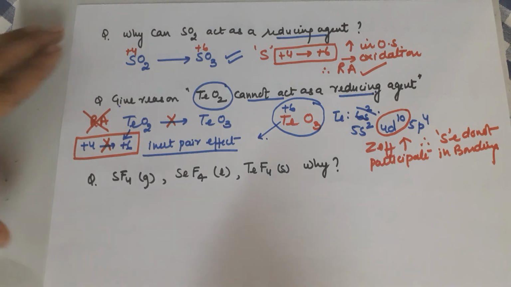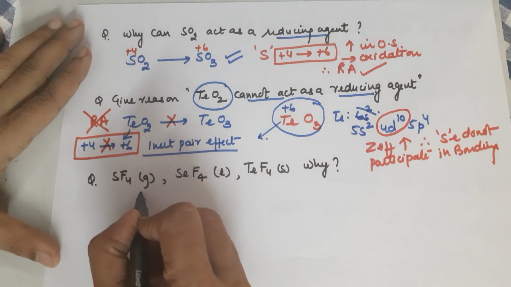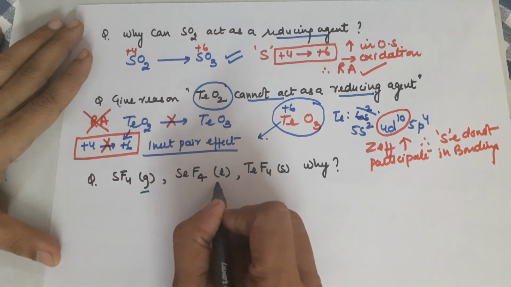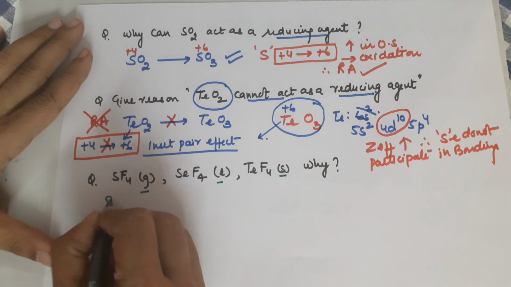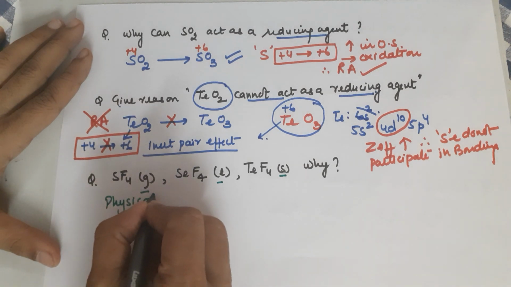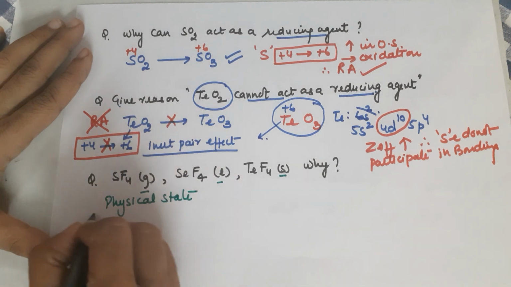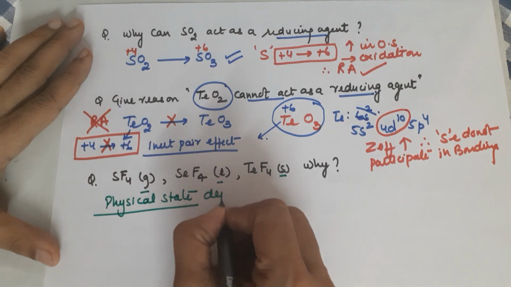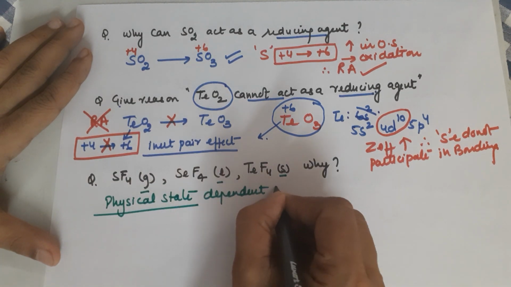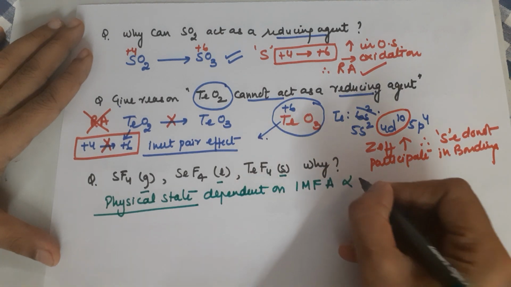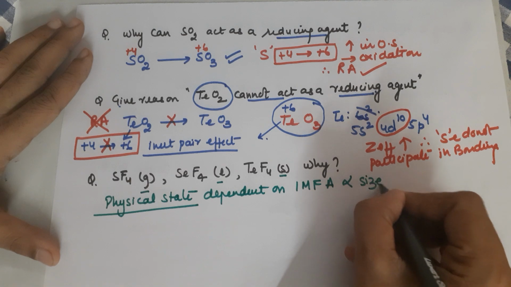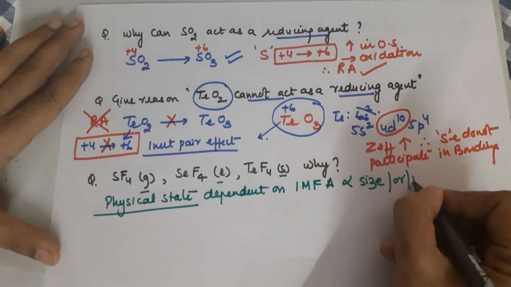The next question says SF4 is a gas, SeF4 is a liquid, TeF4 is a solid, which means we are only talking about the physical state of these compounds, which is dependent on intermolecular force of attraction, which is directly proportional to size or the mass.